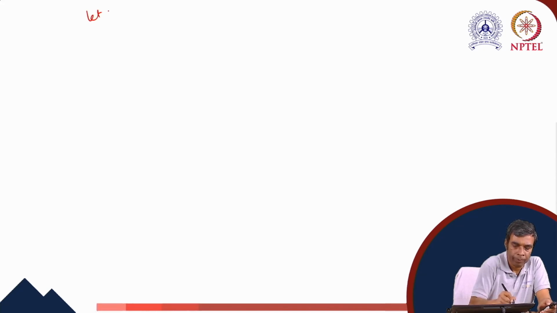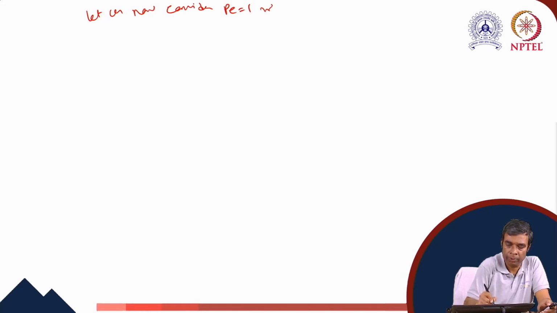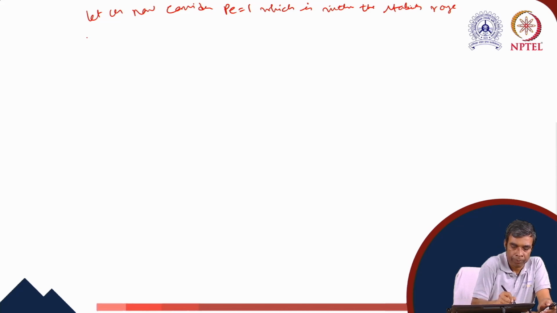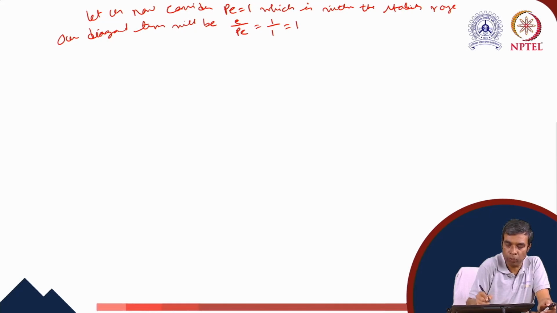So let us now consider PE equals to 1, which is within the stability range. So our diagonal terms will be C by PE equals to 1 by 1 equals to 1.